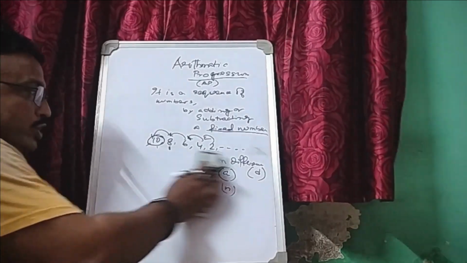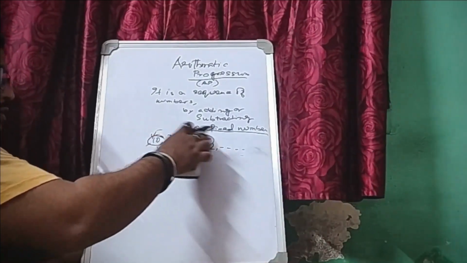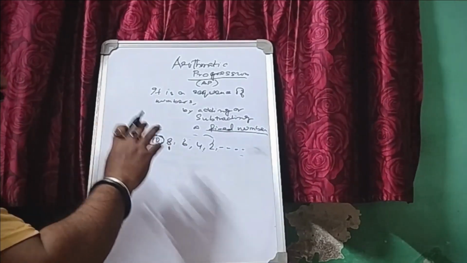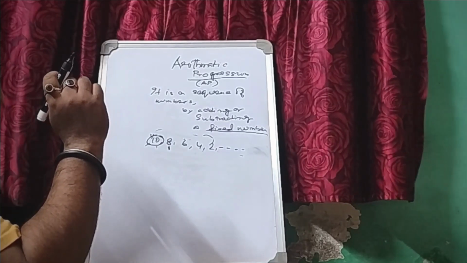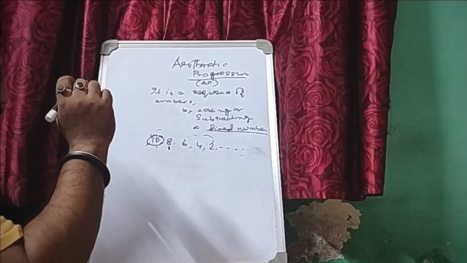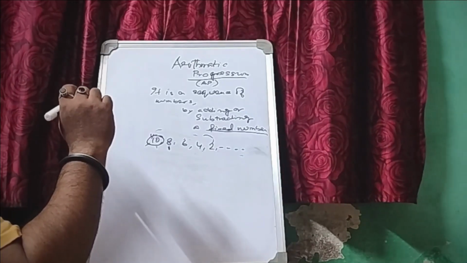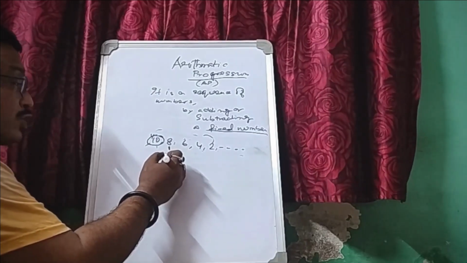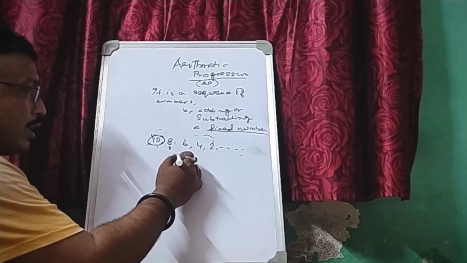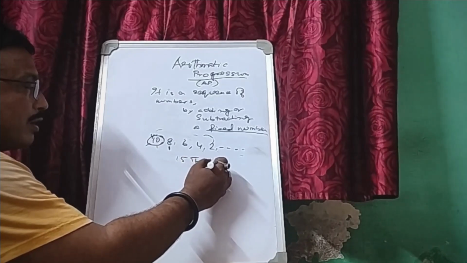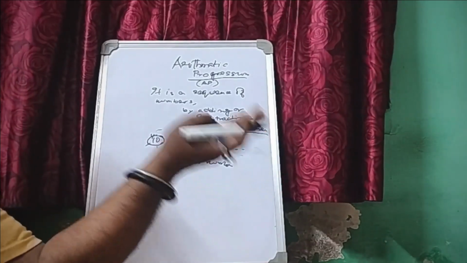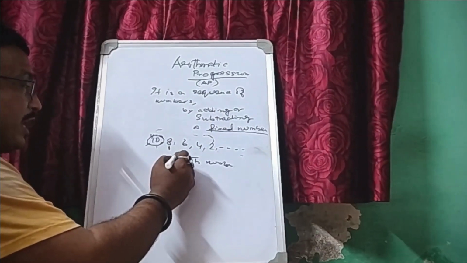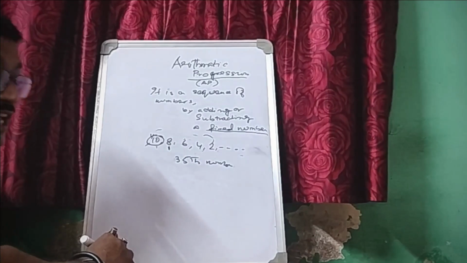So here is a question. 1, 2, 3, 4, 5. There are 5 numbers. If in a problem it has been asked to find out the 15th number, it is possible by counting. But when it is the 35th number, it will be time consuming.